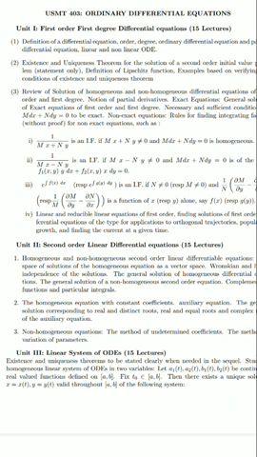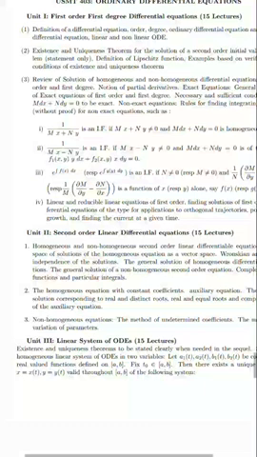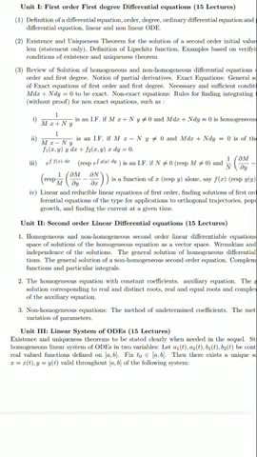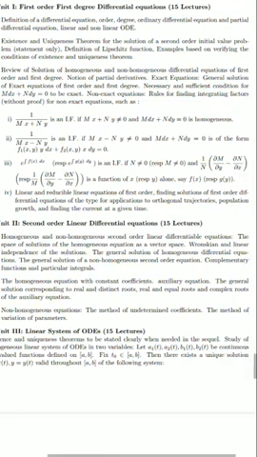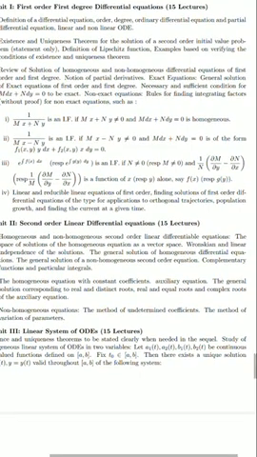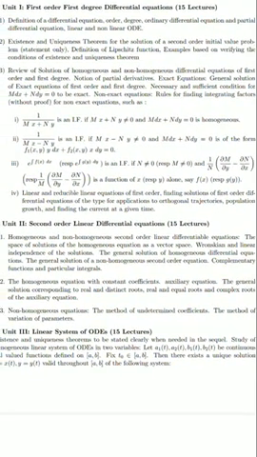So 1 upon Mx plus Ny is the integrating factor if Mx plus Ny is not equal to 0 and M dx plus N dy equal to 0 is a homogeneous differential equation. 1 upon Mx minus Ny is an integrating factor if Mx minus Ny is not equal to 0 and M dx plus N dy equal to 0 is of the form f1(xy) y dx plus f2(xy) x dy equal to 0.